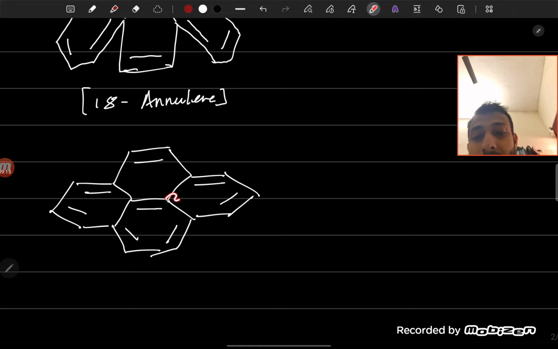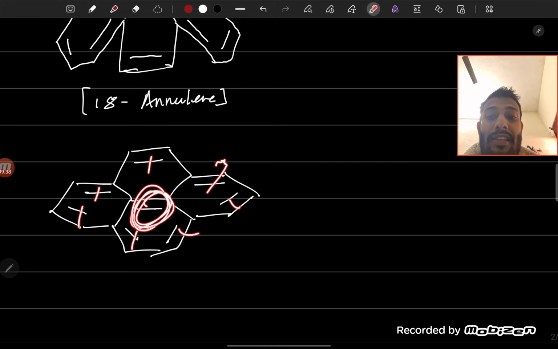Because of that reason, this pi electron does not take part in the aromatic ring. So if we remove that pi bond, the compound will still be an aromatic compound. So next time if someone asks, just say it has 1, 2, 3, 4, 5, 6, 7. Only 7 pi bonds or pi electrons are taking part in the resonance. This pi electron is not taking part in the resonance.